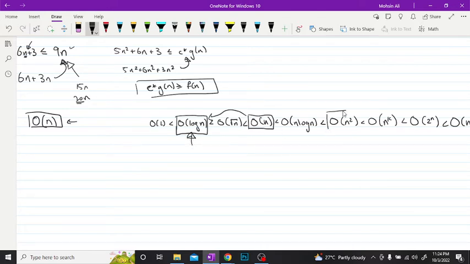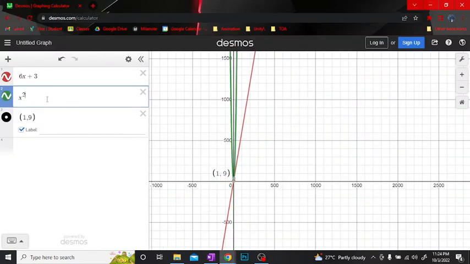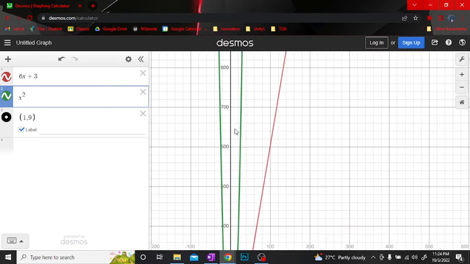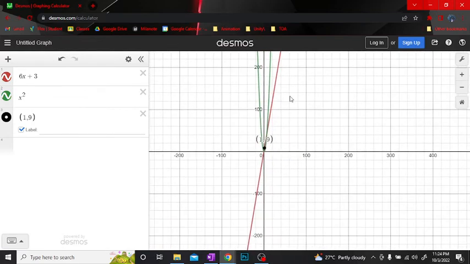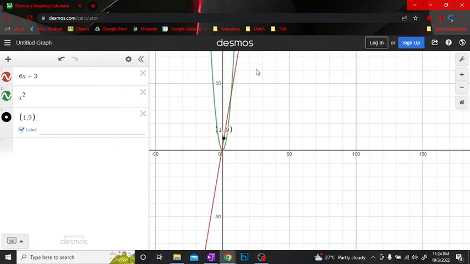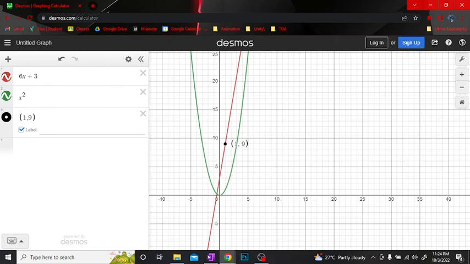Let's try to see what is the case for O of n squared. Okay, so let's take x squared. If we take x squared, we can see that, okay, where's my intercept? There's my intercept. Let's zoom in on my intercept. At my intercept, we can see that my linear function is still acting better than my quadratic function, and we can improve our quadratic function by saying 9x squared.